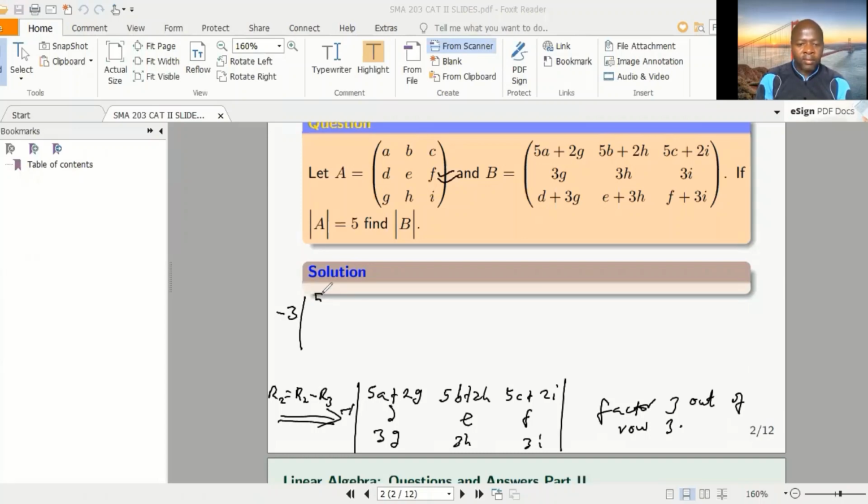This one remains as 5A plus 2G, 5B plus 2H, and 5C plus 2I.